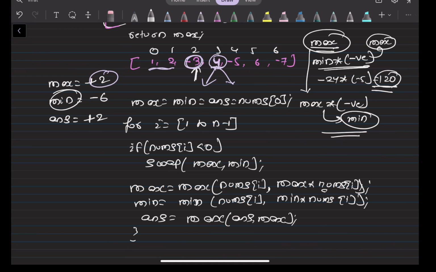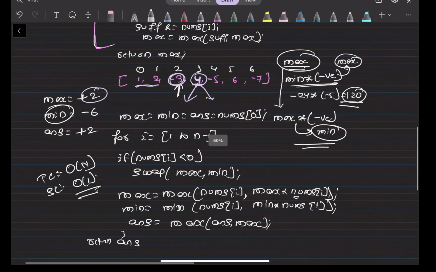At last we return the answer. In this case our time complexity is big O of n and space complexity is big O of 1.